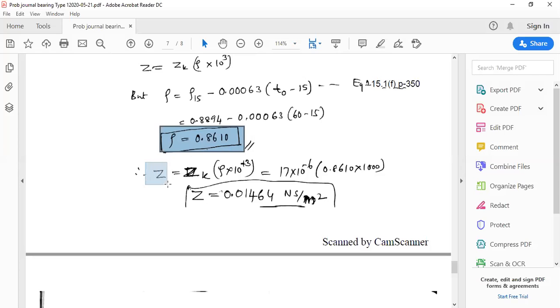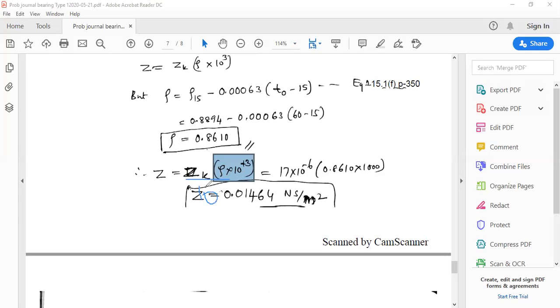Now we want the absolute viscosity value. Absolute viscosity is given by kinematic viscosity multiplied by the mass density. So the mass density, or weight density, is given by rho, that is the specific gravity multiplied by 1000. In the general design procedure it is written divided by 10 raised to minus 3, so both are the same thing.